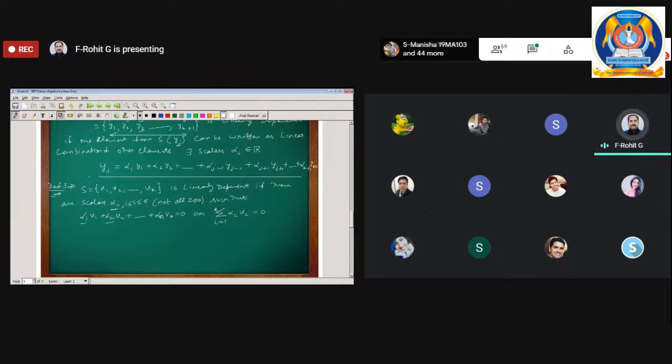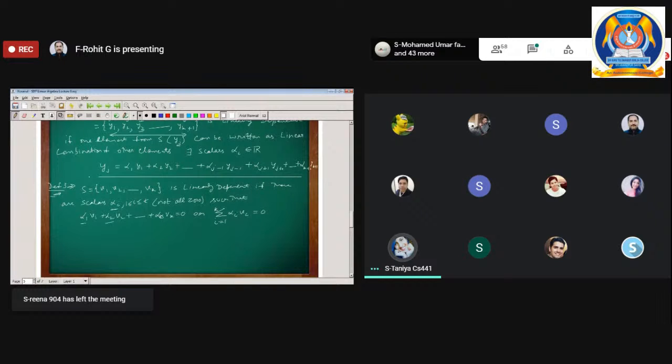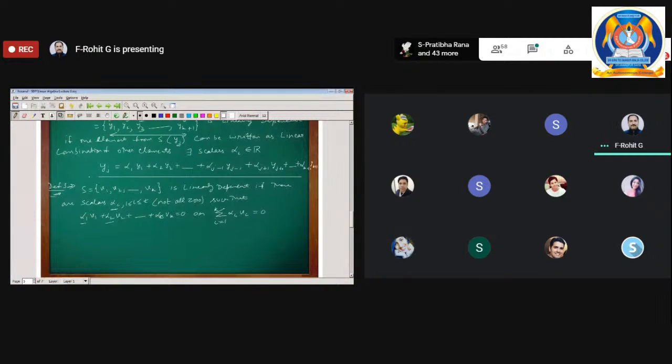Will you repeat it for me? Sir, S is V1, V2, up to Vk, linearly dependent if the scalars alpha i, i from 1 to k, are non-zero. Not all of them need to be non-zero; not all zero. It means not all should be zero, some can be. Yes, not all should be zero. Okay, some of them are non-zero, maybe one or two, right? But their linear combination should be zero.